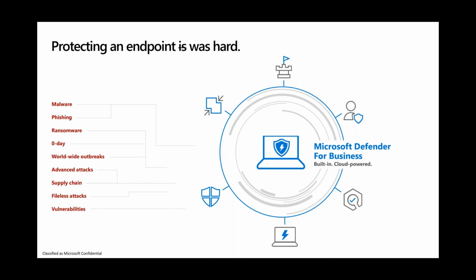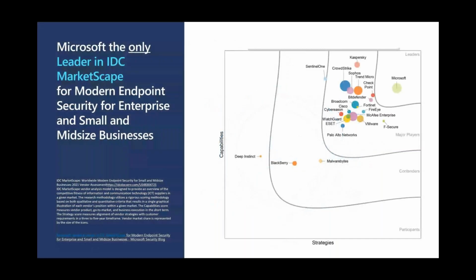And again, another industry analyst report. This one's from IDC, and it shows Microsoft up there on its own in the top right, which is the ideal place to be. And this is here really just to show you that it genuinely is top of class, best in breed.